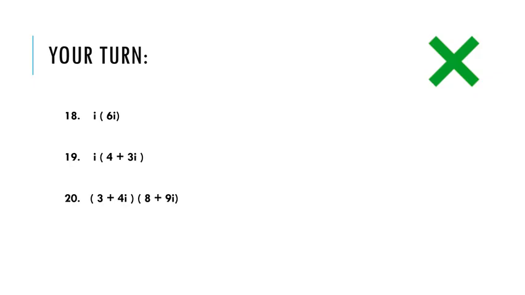Okay, i times 4 is going to be 4i. Now, if it would help you, let me do this for teaching. i times 4 plus i times 3i. So you're going to get 4i here, and then i times i is going to be i squared.